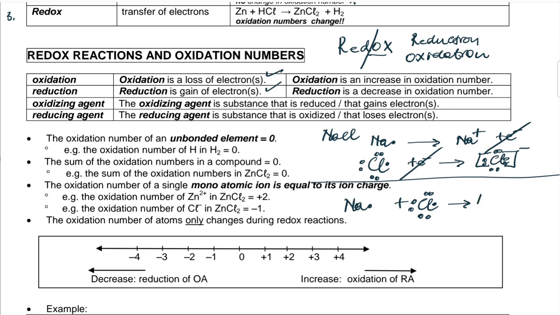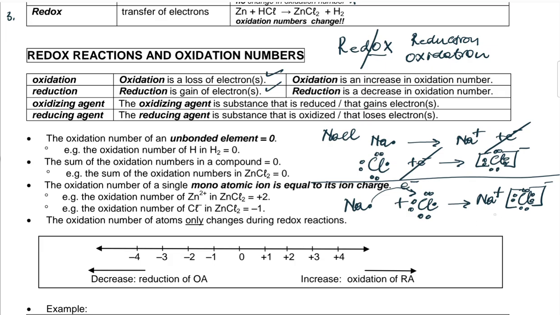Now I'm going to have sodium ion, and this side I'm going to have 2, 4, 6, 7, 8. So this sodium is going to transfer this electron to the chlorine. So now the chlorine ultimately is going to get a maximum of 8 electrons.